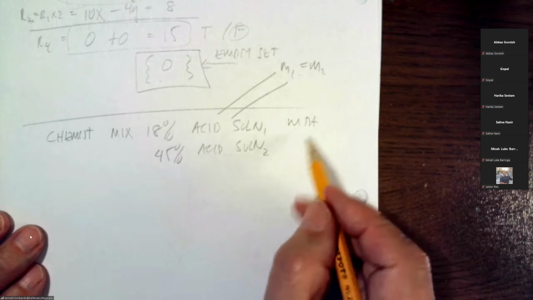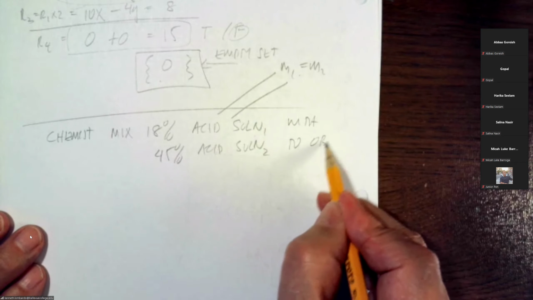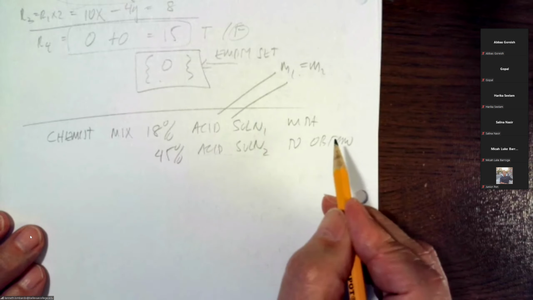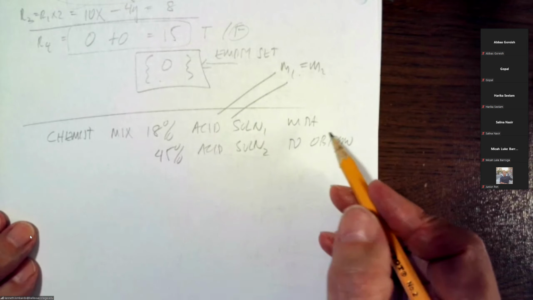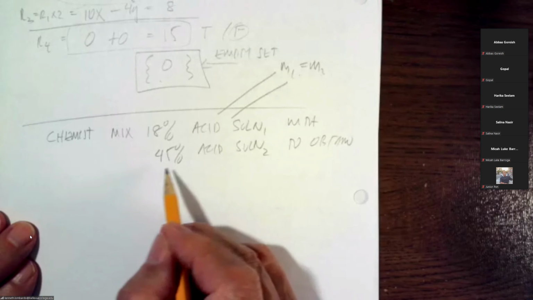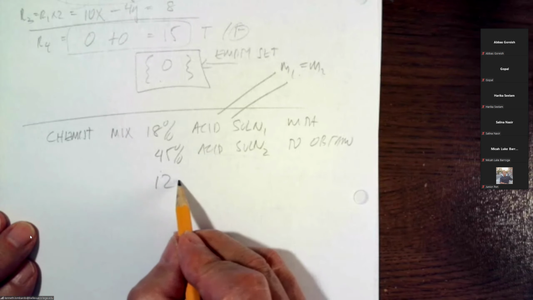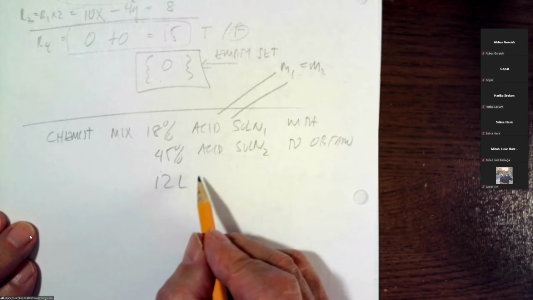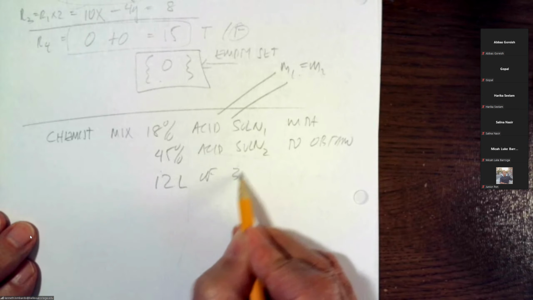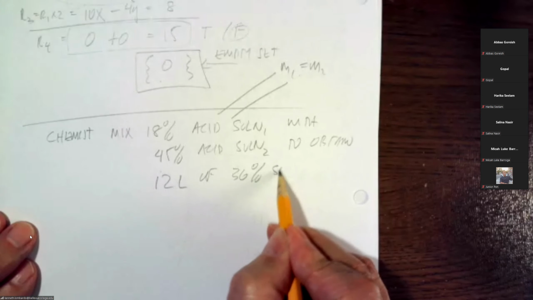To obtain, say you were given this and this creates 12 liters, let's say, of a 36% solution.